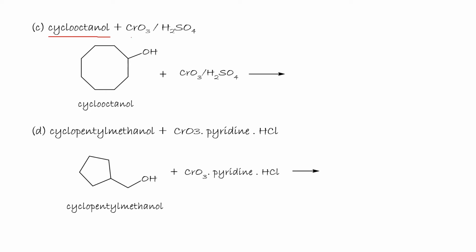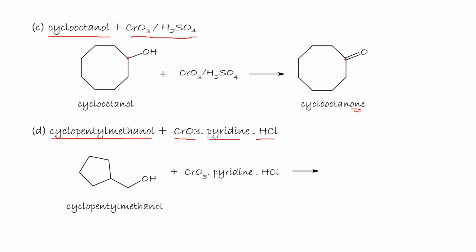Cyclooctanol with chromium trioxide and sulfuric acid mixture, chromic acid. This secondary alcohol with chromic acid will be oxidized to cyclooctanone, a ketone. Cyclopentylmethanol with chromium trioxide, pyridine, HCl, that's PCC, pyridinium chlorochromate, and this OH is primary.